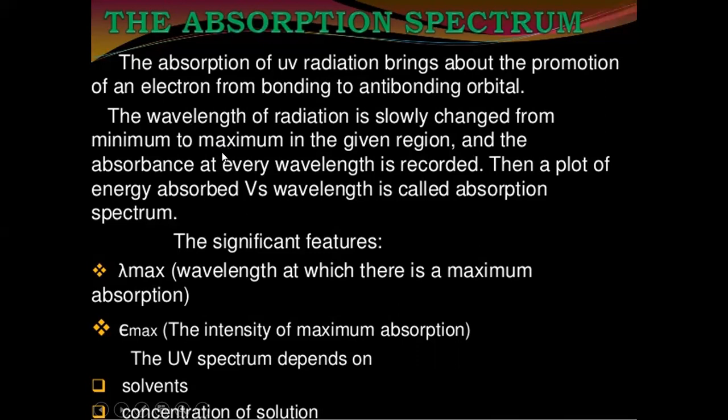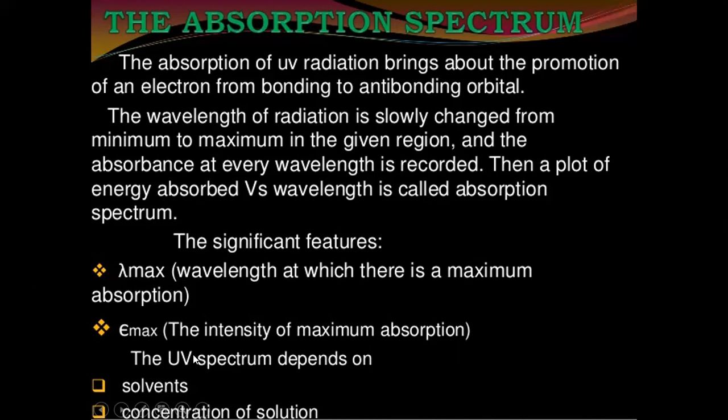At what wavelength is the maximum absorption? We record it. That is lambda max. So the wavelength at which there is maximum absorption is lambda max. Now the intensity of maximum absorption is Emax.